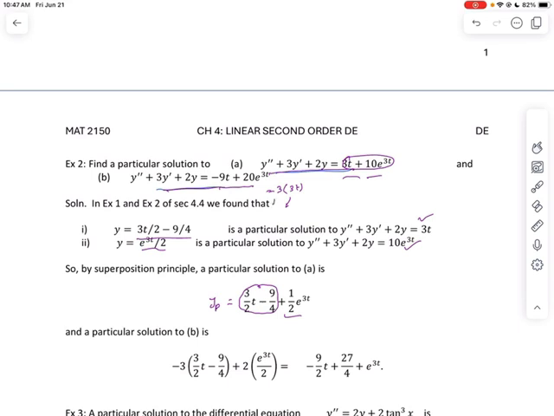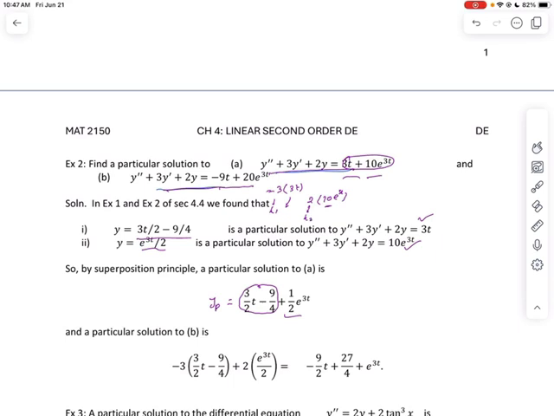So this is your k1. K1 is negative 3. And then if you notice the 20 e to the 3t is 2 times 10 e to the 3t. Now for that we know the particular solution, and this is k2.